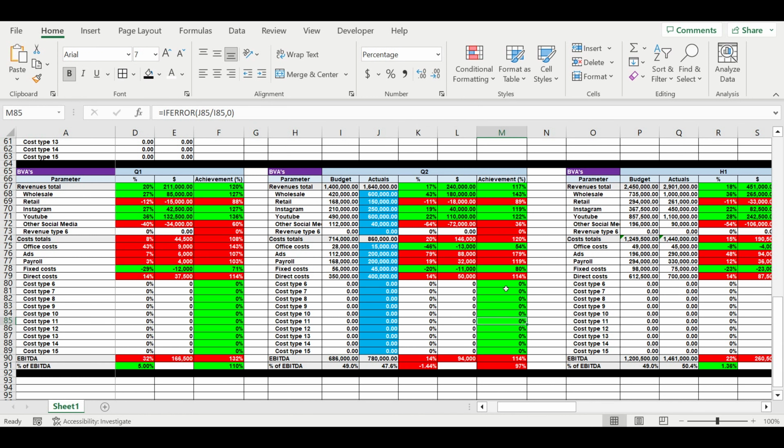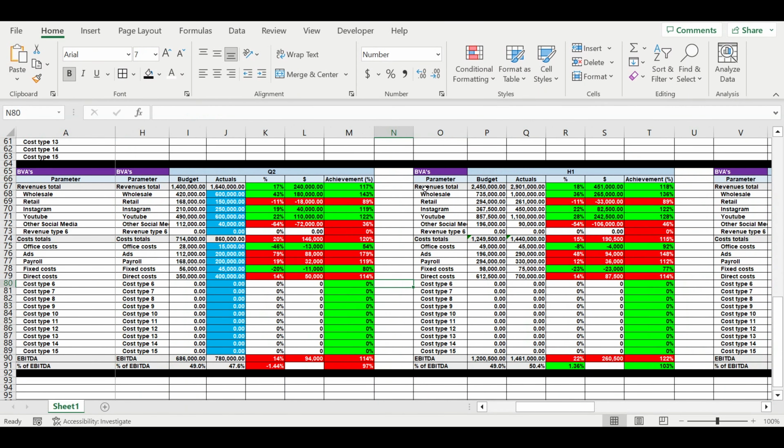Then this information is gathered so we can look at H1. We don't have inputs here colored with blue, because we are gathering the data from the first 2 quarters. And here we can see the results for H1, the first half.